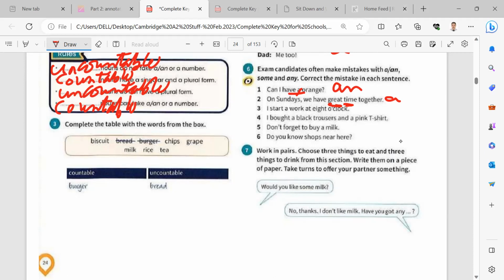Okay, keep going. Yes, number 3. The mistake is a. Yes, I start work. Don't say a work. Yes. 4. I bought a black trousers and a pink t-shirt.